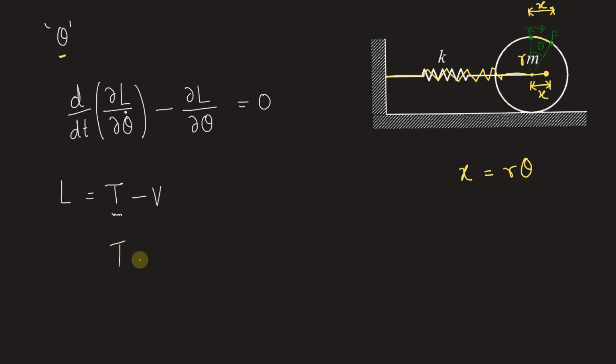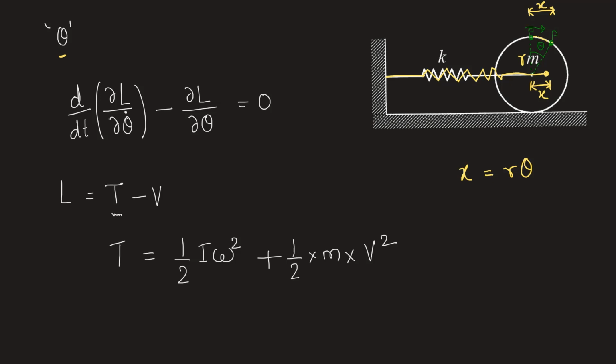So we calculate the kinetic energy by adding the rotational kinetic energy plus the translational kinetic energy of the disc. Rotational kinetic energy will be half I omega square, where I is the mass moment of inertia of the disc, plus the translational kinetic energy, half into mass of the disc into v square. v is the translational velocity, omega is the angular velocity.